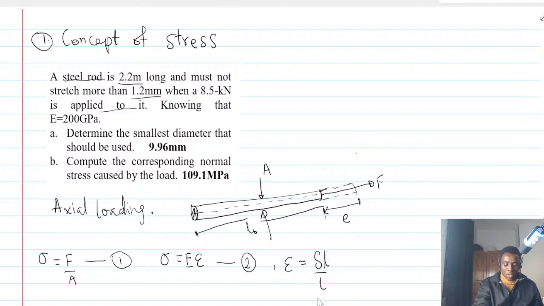So that is strain, change in length over original length. So three equations.